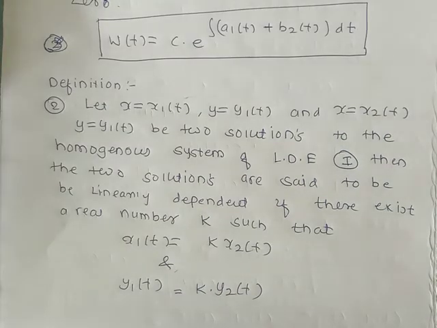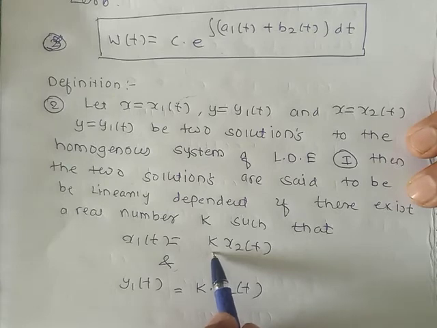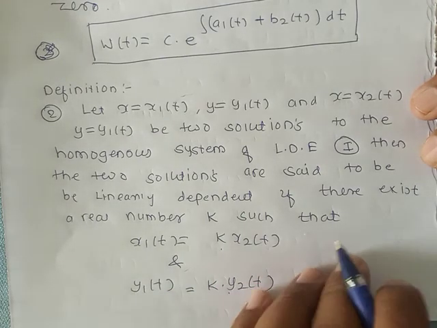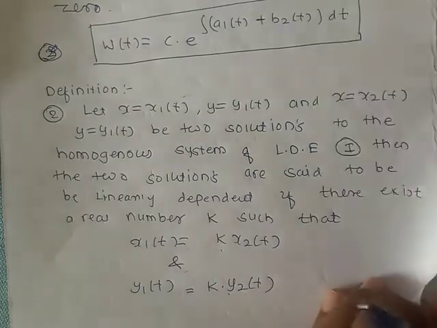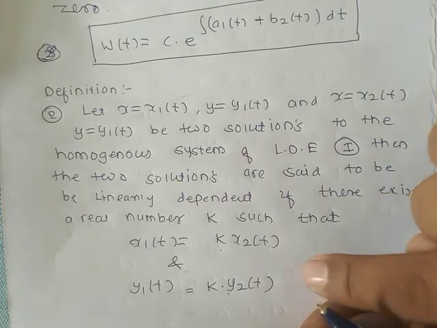And if there does not exist any k such that you can write this expression, then the solutions are called linearly independent solutions. Now there is a relation between linearly dependent or independent solutions and their Wronskian.